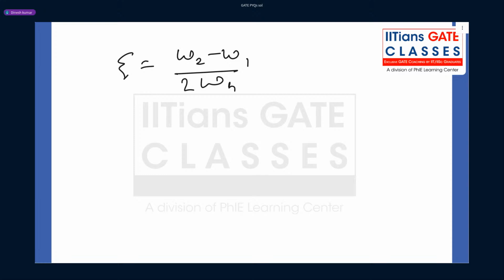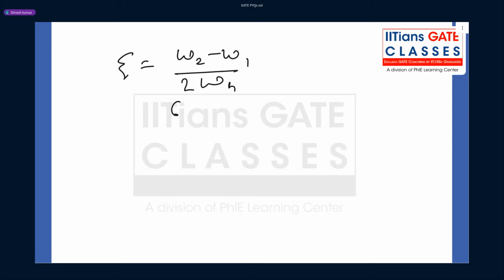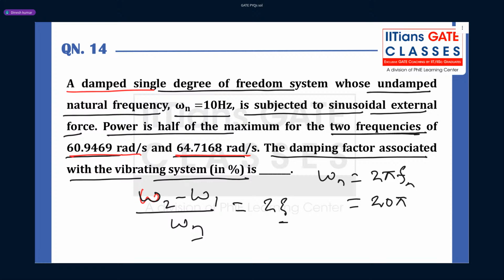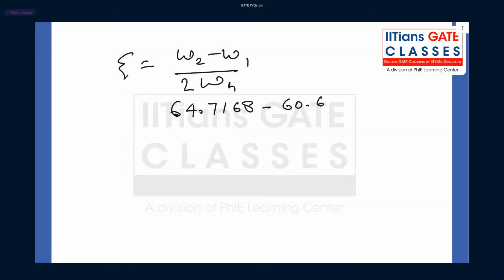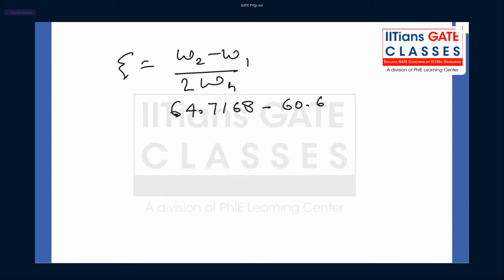Now omega 2 and omega 1 are given. Omega 2 is given as 64.7168, minus omega 1, which is 60.9469, upon 2 into 20 pi.